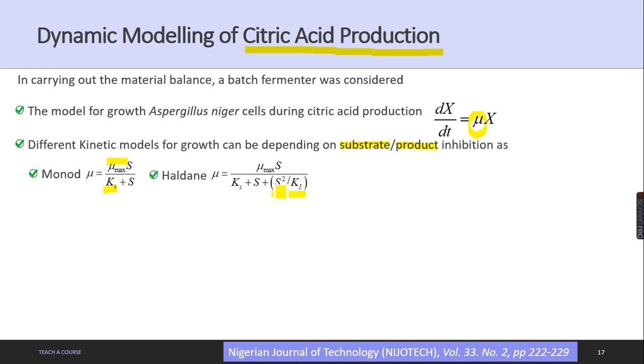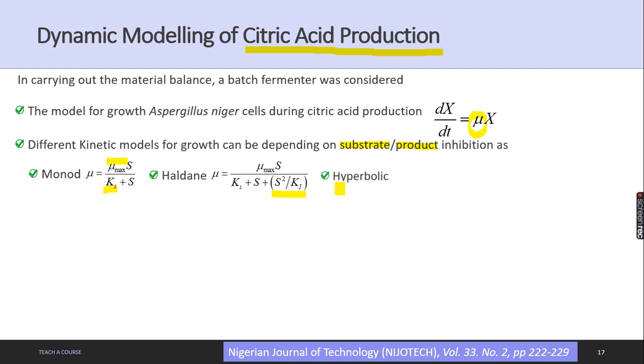If the substrate concentration is high, then this s squared by ki will be significantly larger, and so mu will be lower. As substrate concentration increases, the inhibition increases and the mu value decreases accordingly.